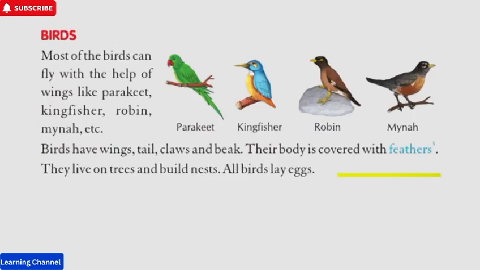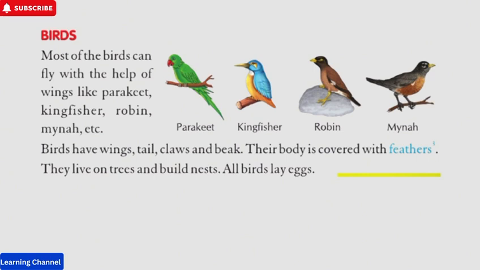Another example of animals is bird. Most of the birds can fly with the help of wings like parakeet, kingfisher, robin, myna, etc. Birds have wings, tail, claws and beak. Their body is covered with feathers. They live on trees and build nests.